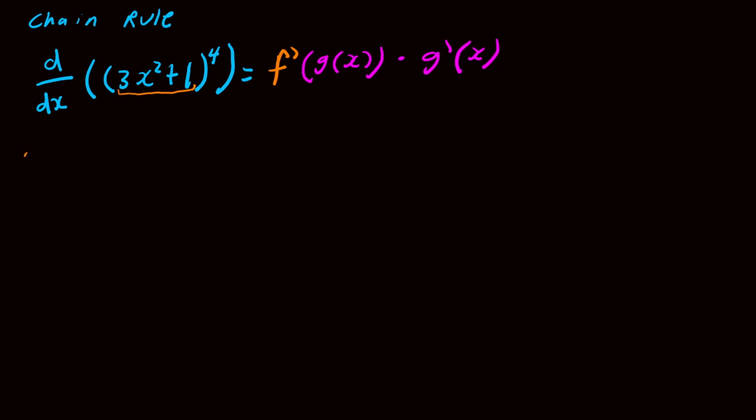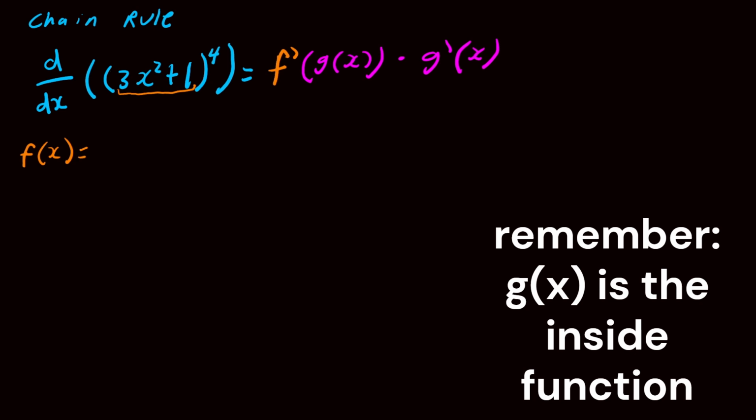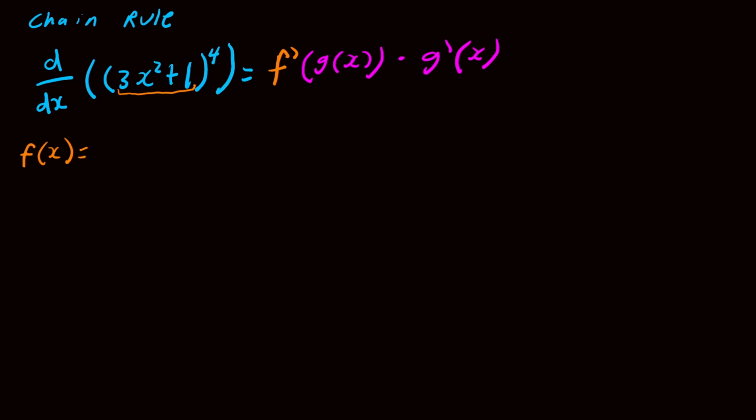For chain rule, I recommend, I still do this. I don't know, maybe it's a little bit slow. A lot of people don't do this, but I think it's helpful. So, we're going to use our base, right? So, f of x. Just imagine this is an x right there. It's just x to the 4th. F prime of x equals 4x cubed.